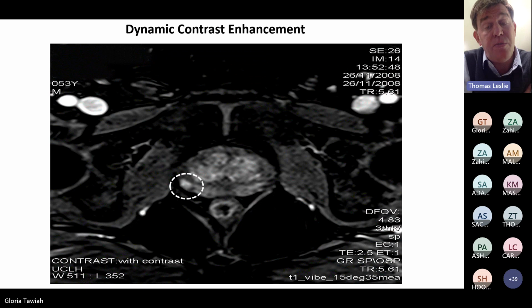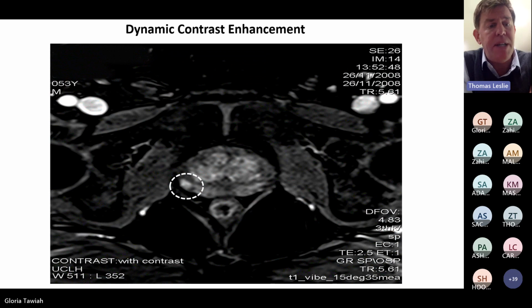If their PIRADS score, and I'm going to show you a picture in a moment, is 3 or above, then they'll go on to have a biopsy. Prostate biopsies are notorious for causing infection and being worrying, and there's a lot of activity going on in that area. I'll just talk about transrectal versus transperineal in a moment.